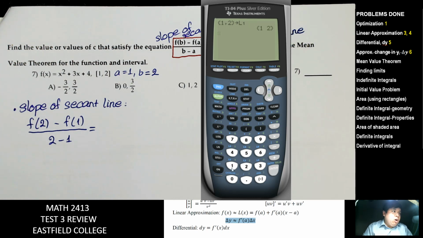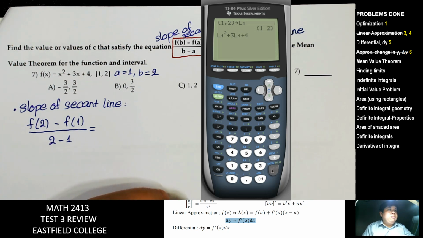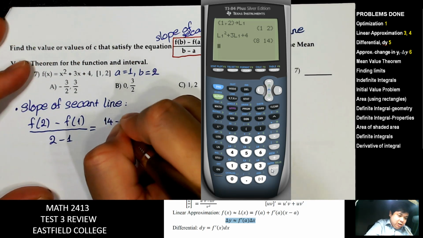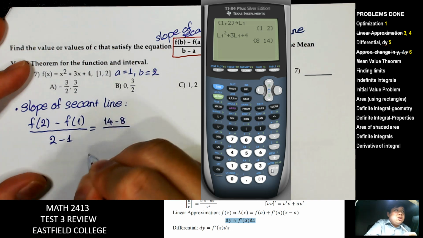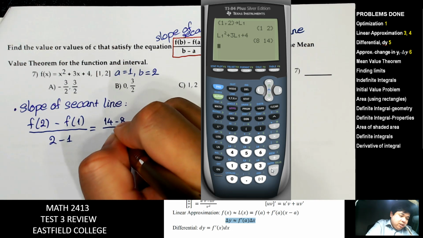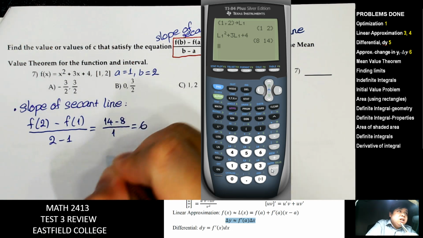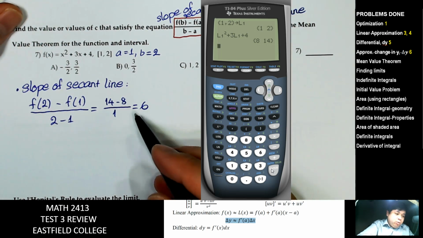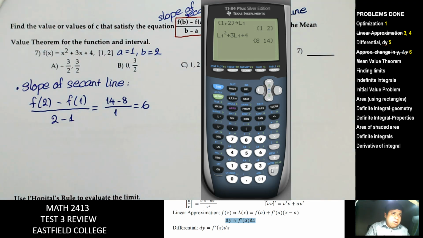And so we have list 1 squared plus 3 list 1 plus 4. That's the fastest way to do this. Of course, the numbers like this we can all do by hand as well, but when the number is more complicated, the calculator has the advantage. Anyway, so that will be 6. So that is the slope of the secant line.